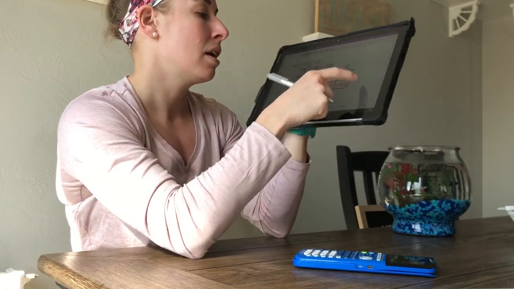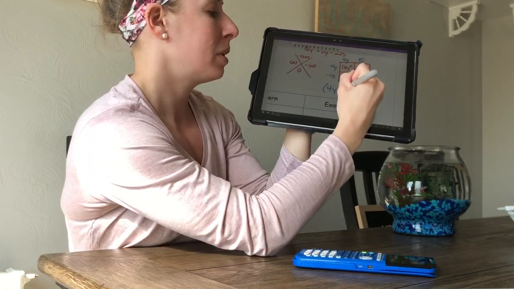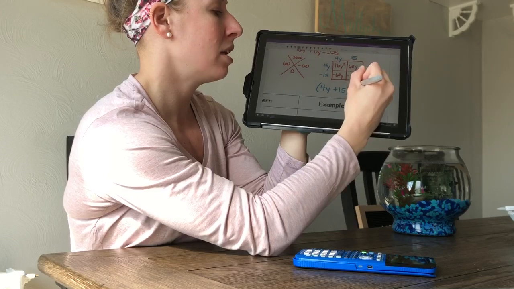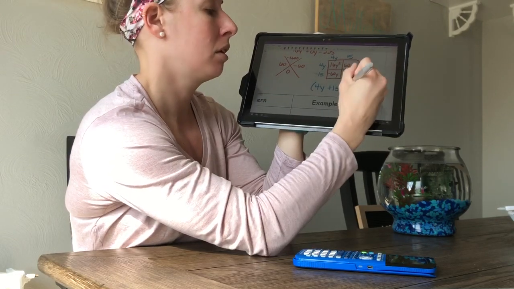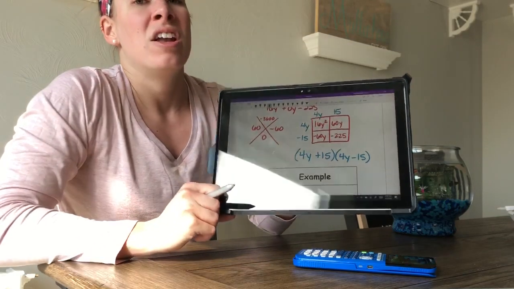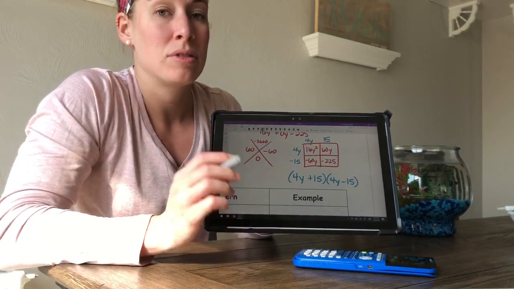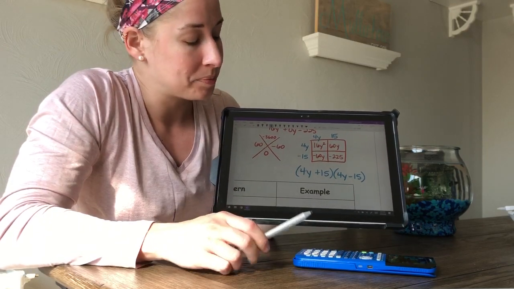Negative 15. So then your answer would be a 4y plus 15 bubble and a 4y minus 15 bubble. They are not the exact same bubbles. One is positive, one is negative. So you're done. That is our answer.